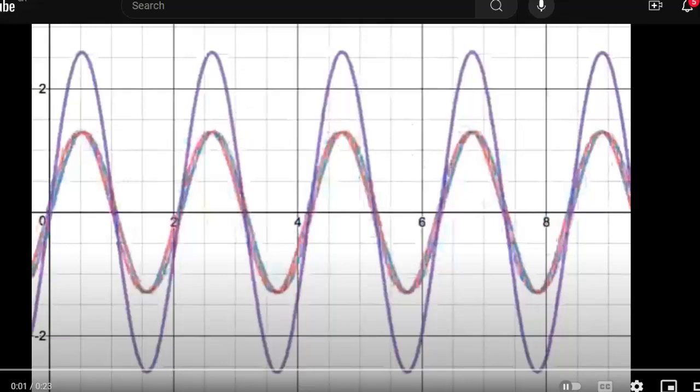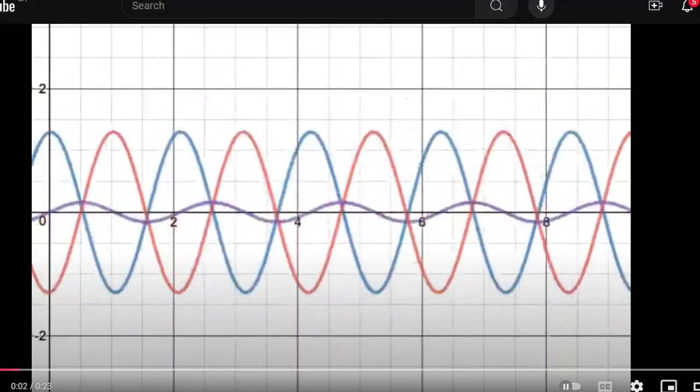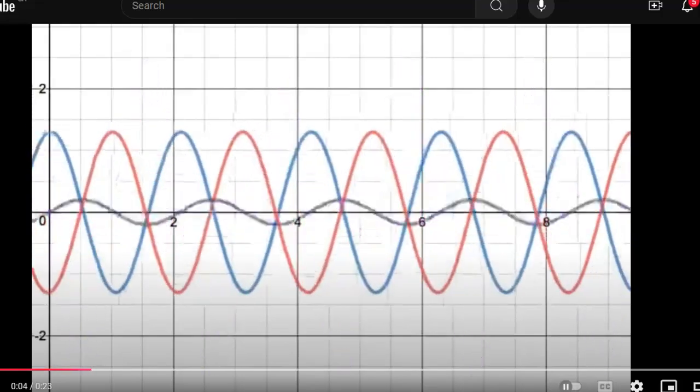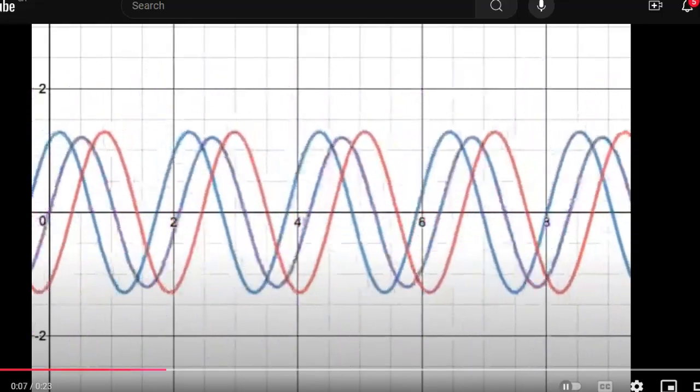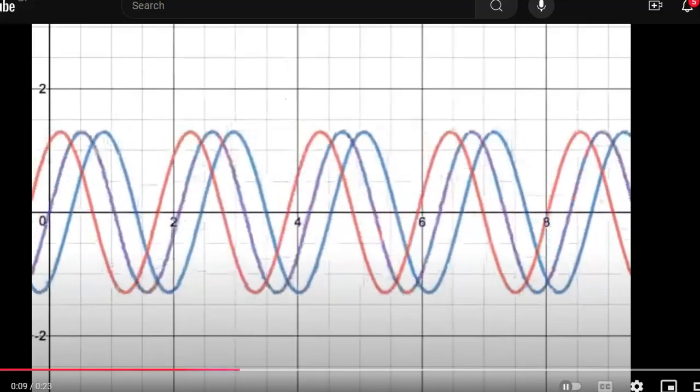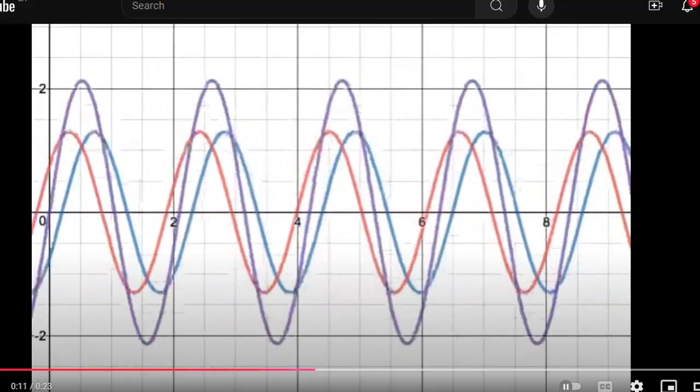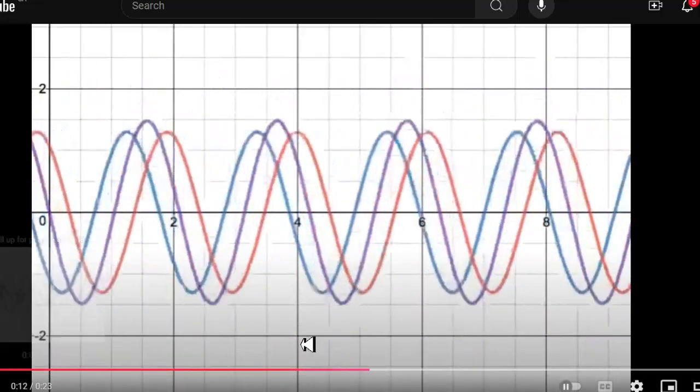Okay, so here you see every time the waves are coherent, the amplitude is bigger, and it's the smallest when they are the furthest apart. Okay, so when they are far apart, the amplification is very small. Okay, so everyone knows that.